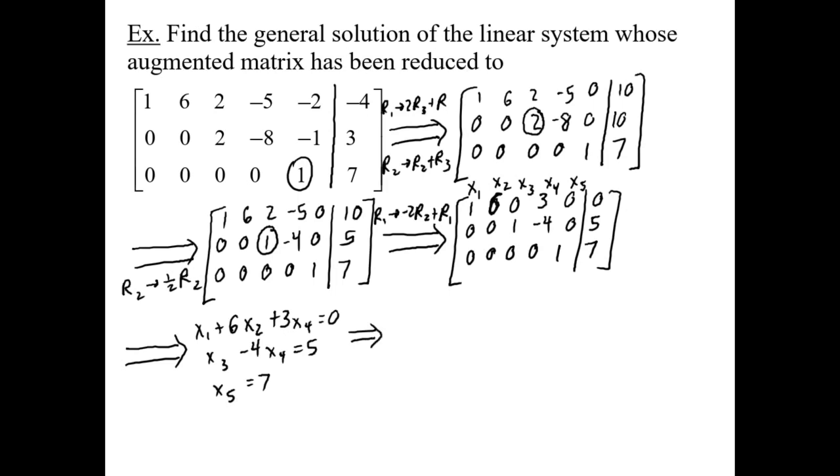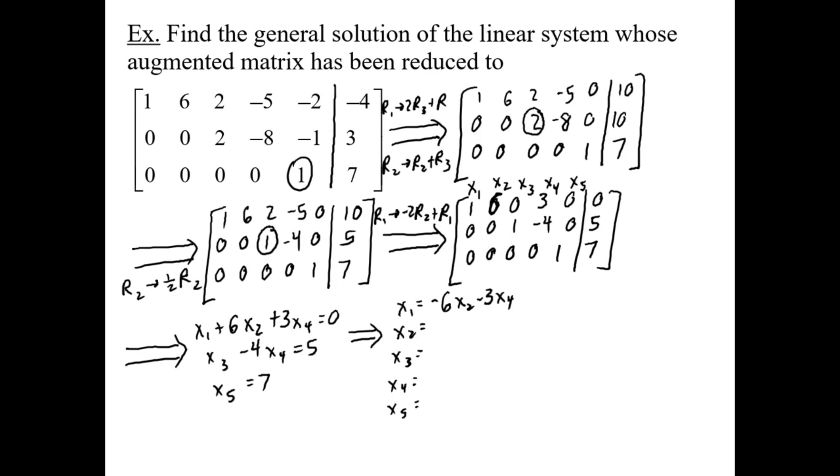Now, when I describe my solutions here, in any problem I'm asking the question, what is x1? What is x2? What is x3? What is x4? And what is x5? That's really my big question. Well, the top row tells me that x1 is equal to -6x2 minus 3x4.